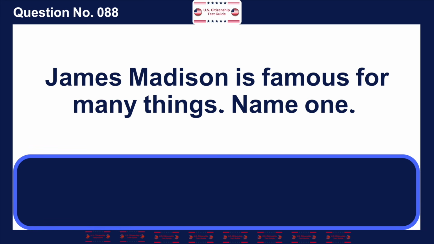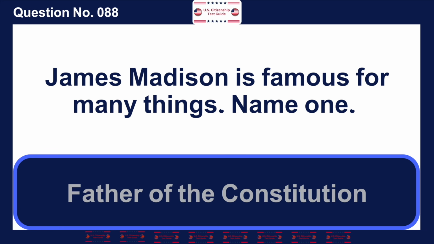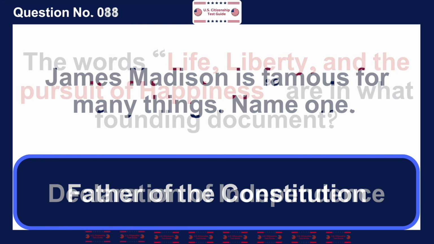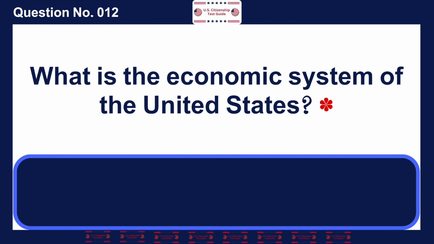James Madison is famous for many things. Name one. Father of the Constitution. What is the economic system of the United States? Capitalism.